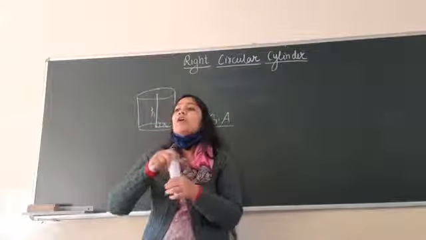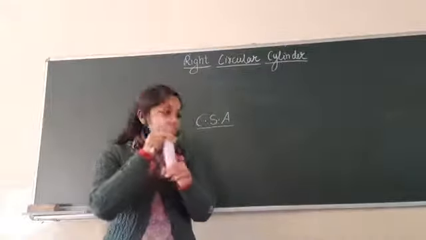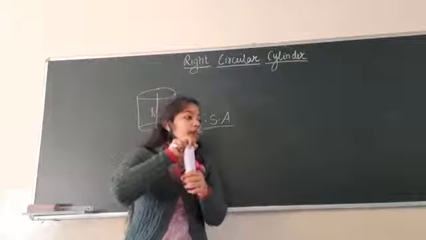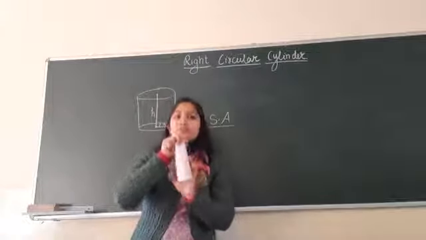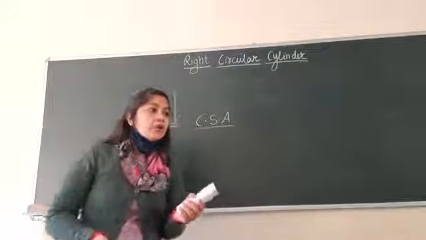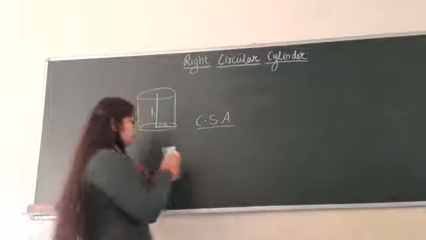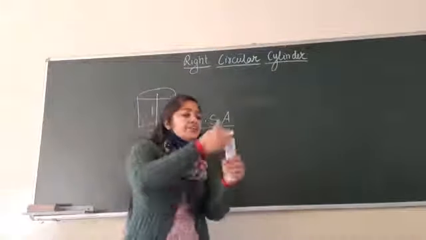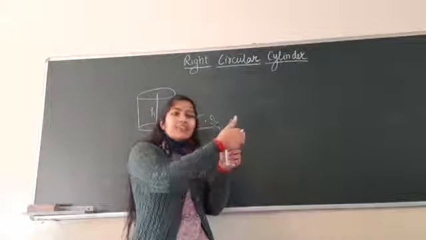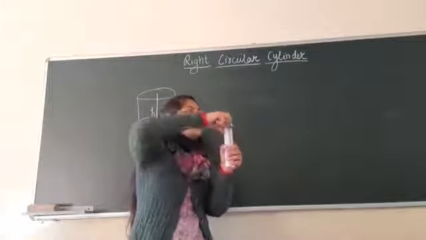I'm talking only about this curved surface area, right? So if I want to calculate the area of this curved surface, then how will I calculate? First of all, you cut the cylinder from here and open it.